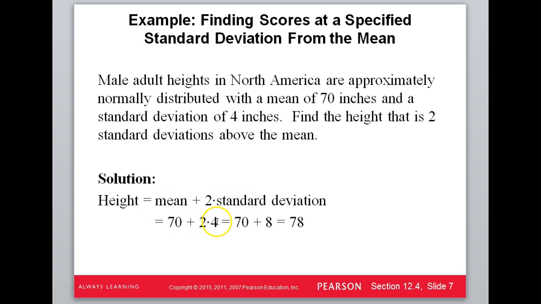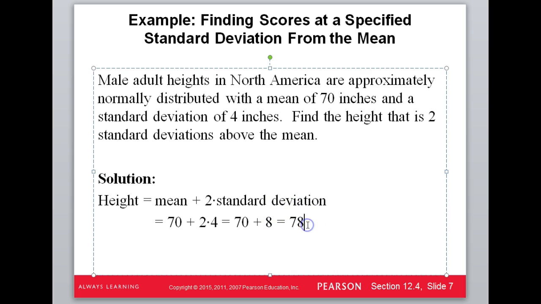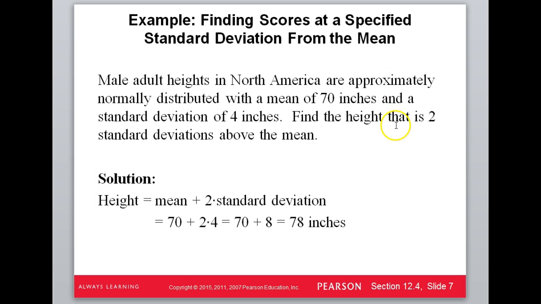So 70 plus 2 times 4 is 78. So that's 78 inches, the height that would be 2 standard deviations above the mean. It has the same units as the original data set, the mean, and the standard deviation.